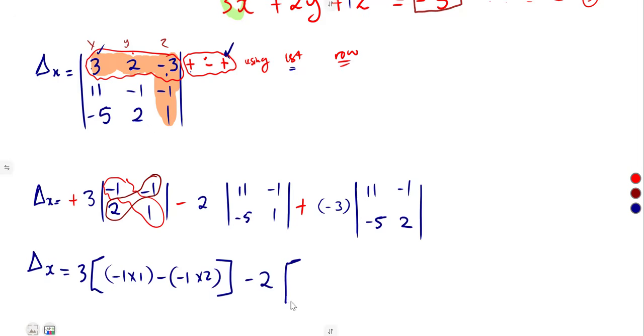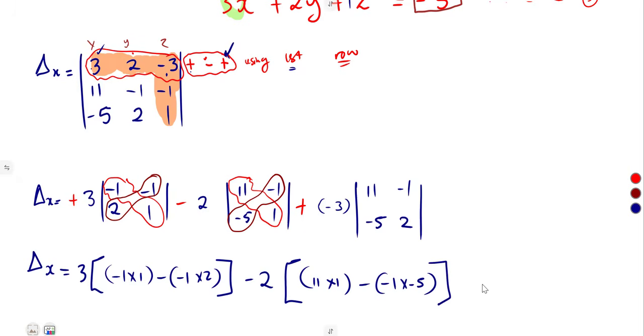We find the determinant again for that. This is our major diagonal, 11 and 1, minus, this is negative 1 and negative 5. Guys, am I going to do this up to the end? Or you now understand, guys? Plus and minus, that's a minus. But as of exam, you must do this.